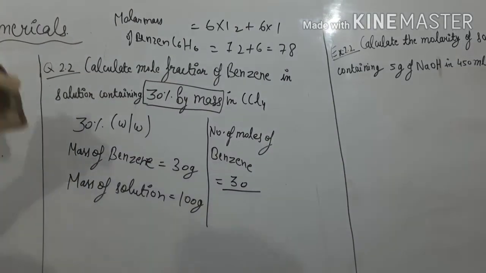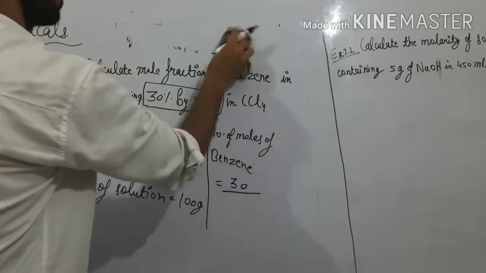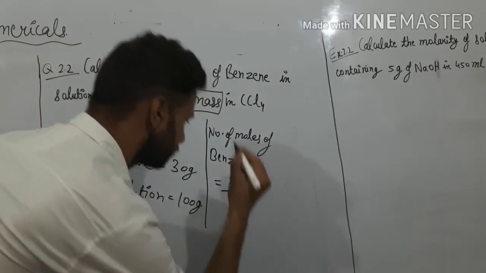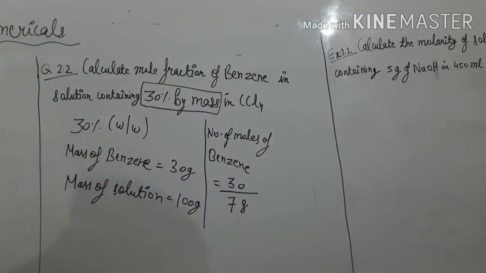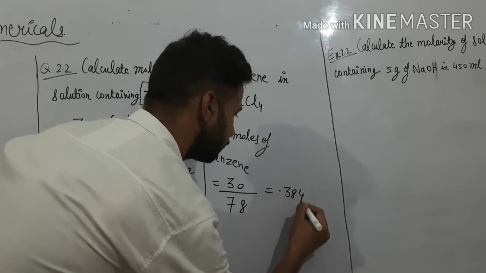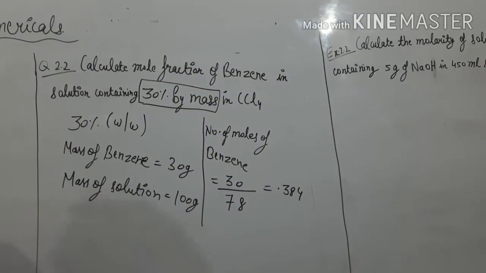Okay, this is the molar mass of benzene. This will come as 0.384. Okay, this is the number of moles.